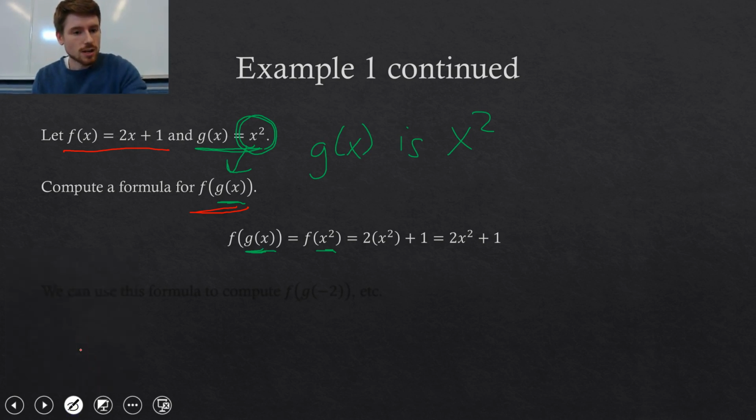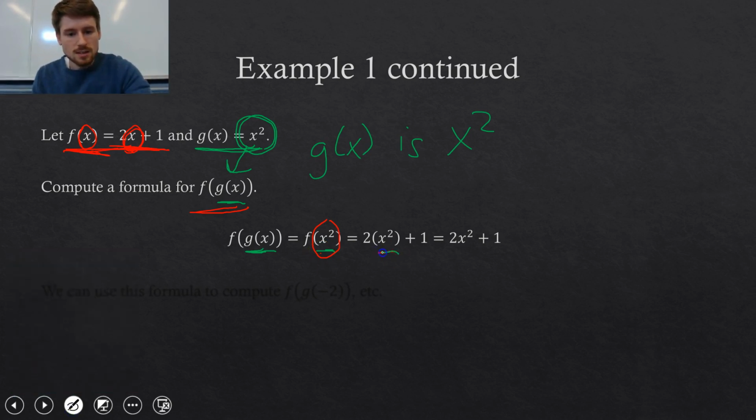And this might be the trickier one. Here's my f function, remember? Everywhere I see an x right here, it is going to get replaced by whatever's inside the function. In this case, I'm replacing it with x squared. So instead of 2x plus 1, we're going to get 2x squared plus 1.